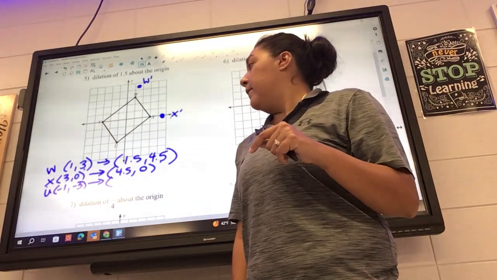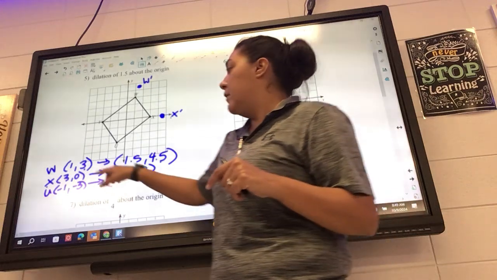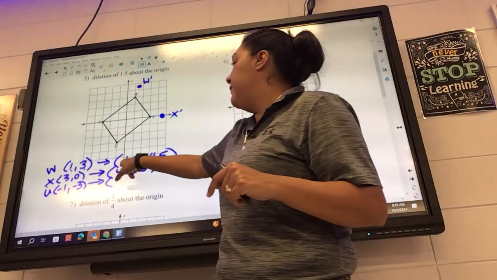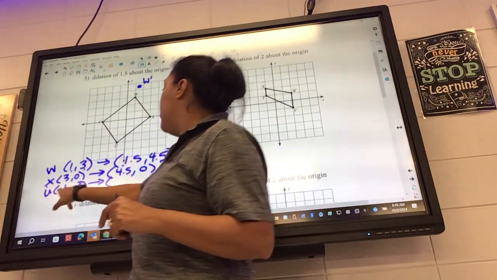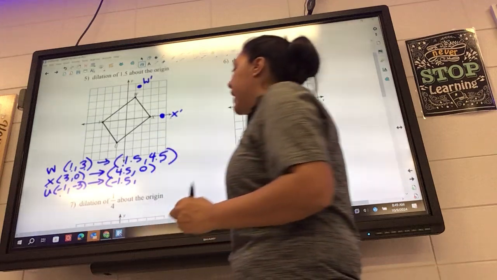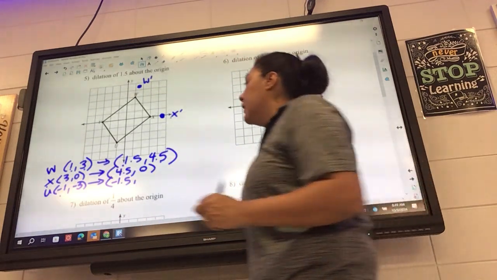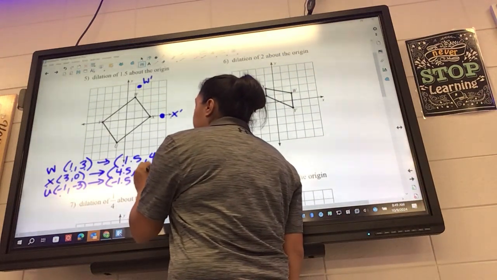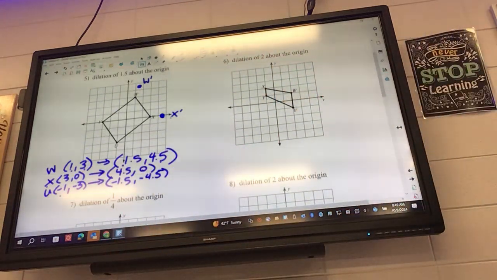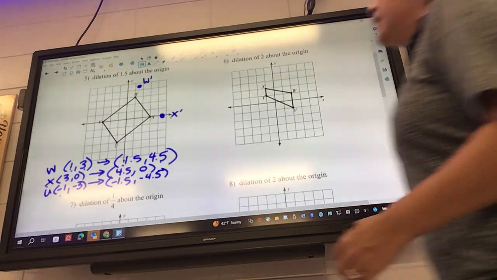Because if 1 is 1.5, then -1 is going to be -1.5. And the second one is going to be what? -4.5. And again, that same concept. Save yourself some time where you can. There's no point in typing them all in. If you want to, go ahead, but it's not necessary.